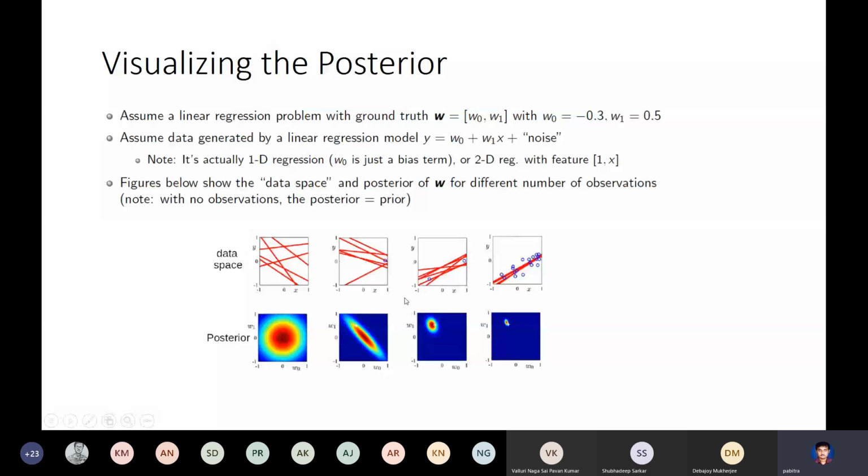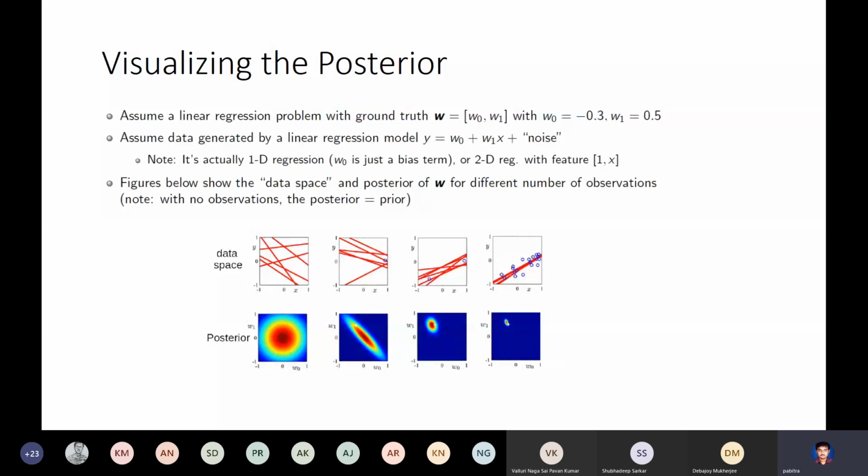Now let us make an observation. Let us have a single observation, which is a value of x and a corresponding value of y. The moment you get this single observation, your prior remains the same, but the likelihood gets updated. That likelihood is p(y given x, w). You remember it is a product of normals over x1, x2, up to xn. So the moment you get an observation, the likelihood gets updated.